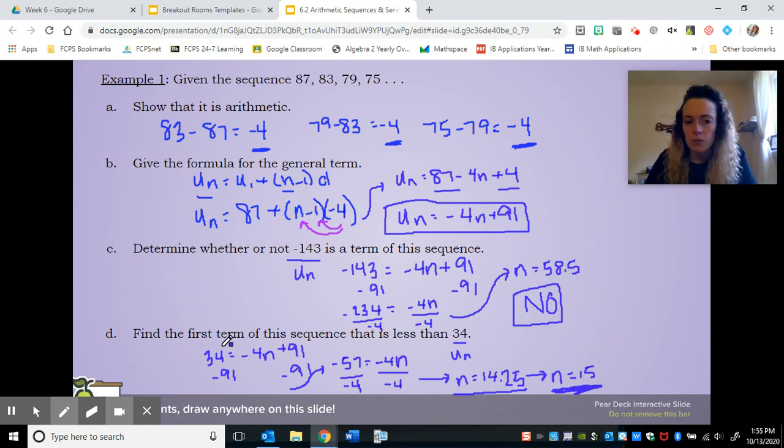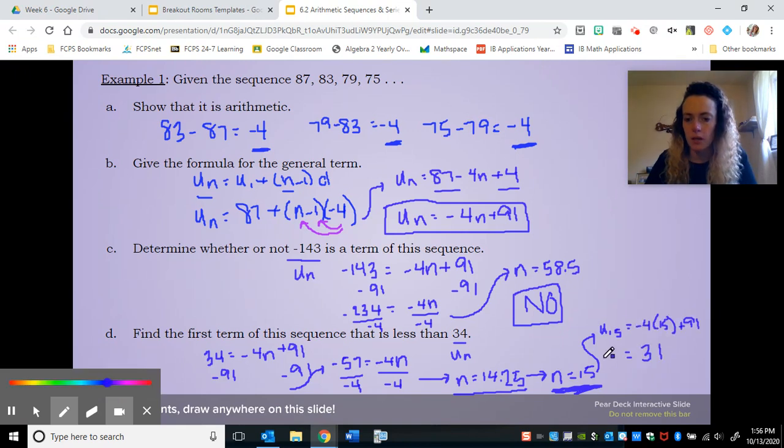Now, they didn't ask me for the placement in the sequence. They asked me for the actual term. So the final step is to figure out what the 15th term is. That's as easy as subbing in 15 for n and working it out. I got the 15th term is 31, and that is my answer.